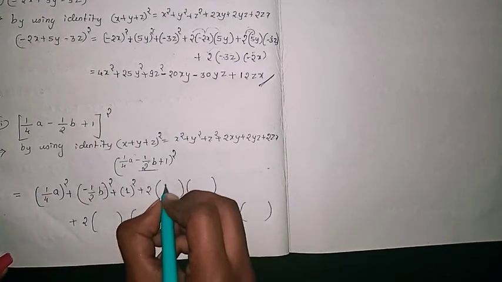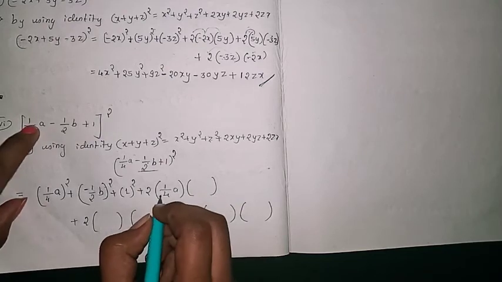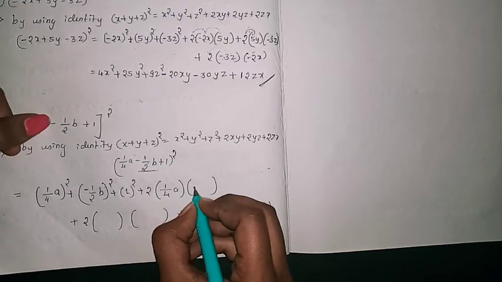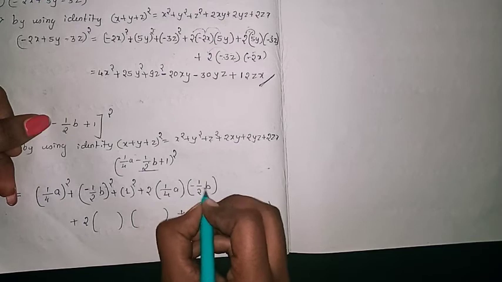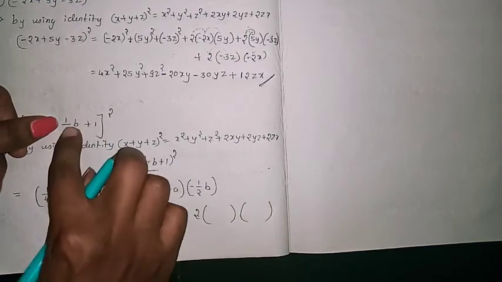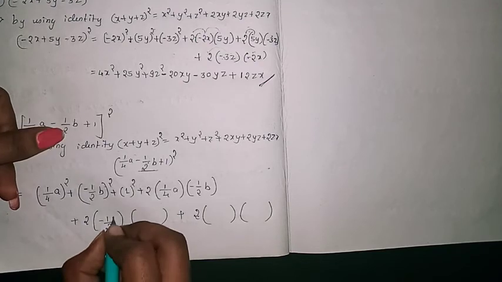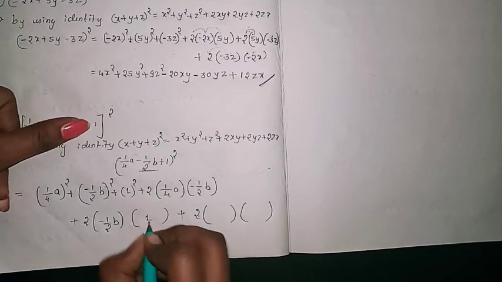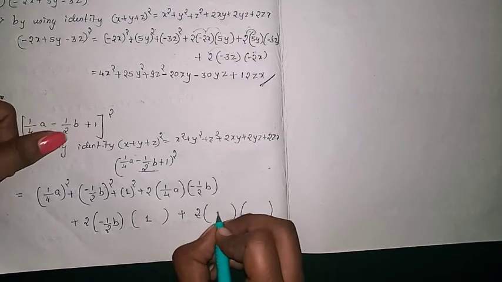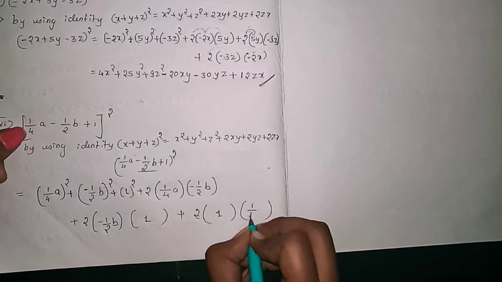So the first is 1 by 4 into a, second is minus 1 by 2 into b, then the second and the last one, minus 1 by 2 into b and 1, and the last one and the first one, minus 1 by 4 a.